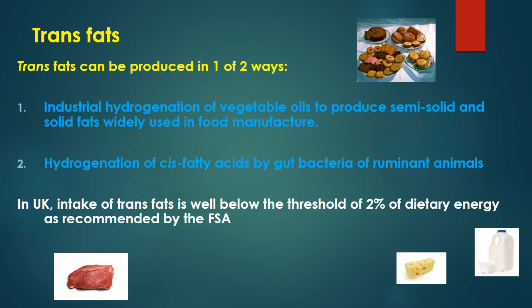Now we will talk a little bit about trans fats, that is the transformation of fatty acids which happens due to many reasons, especially processing or high temperature treatment. First of all, the industrial hydrogenation of vegetable oils produces semi-solid and solid fat, which is widely used in food manufacture, in bakeries, in pastries.